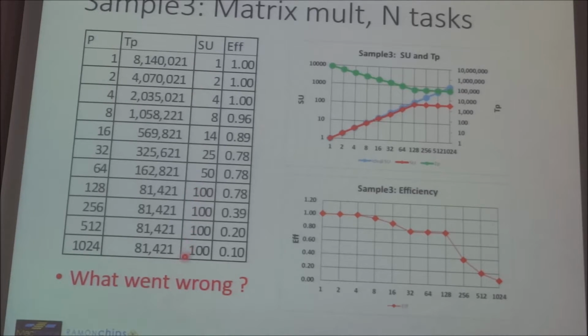Why is the speed up fixed at 100? Why do we get a flat line here of red speed up fixed at 100? Well, because there are more cores than tasks. There are only 100 tasks to run. So if you do the 100 tasks in parallel rather than in series, you run 100 times faster. It doesn't matter how many cores. Speed up. But efficiency is the speed up divided by the number of cores.